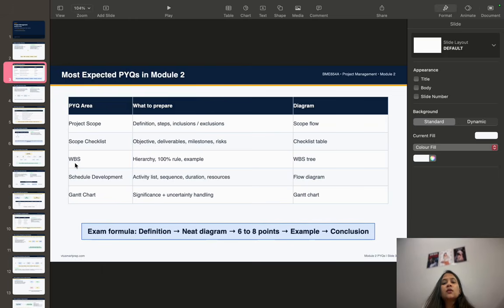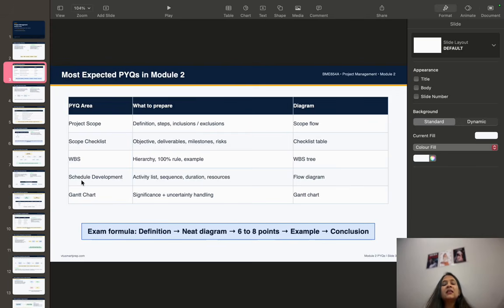Next, the fourth topic is schedule development. Here you should explain the activity list, sequence, duration, resources and schedule baseline. And the fifth is the Gantt chart. Here you should explain its significance and how it helps in overcoming uncertainty.